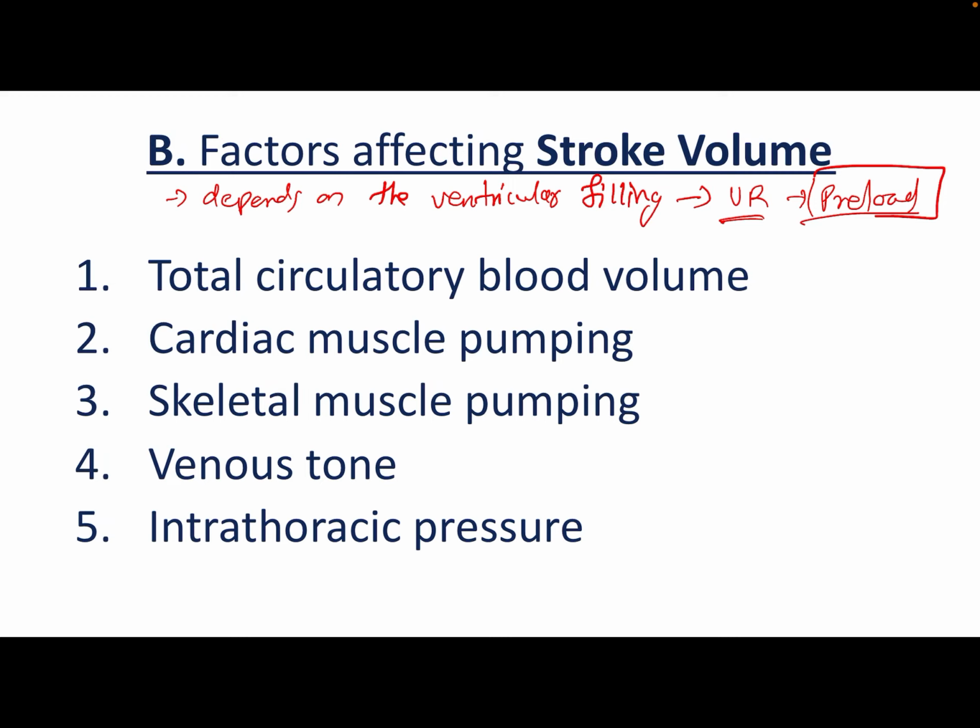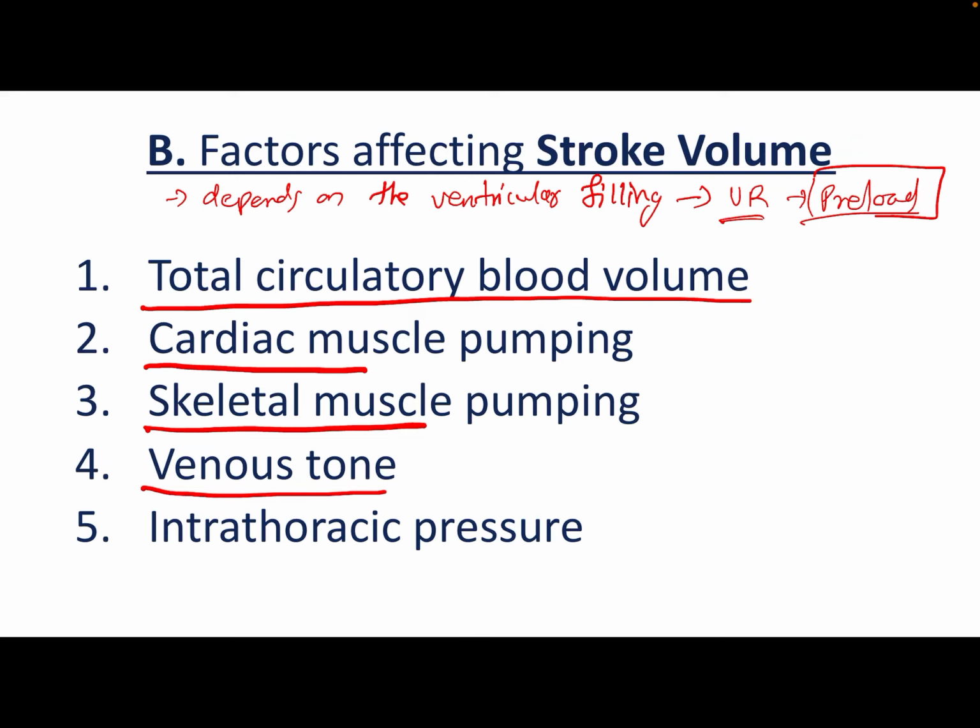Which are the factors increasing ventricular filling? They are total circulatory blood volume, then efficiency of cardiac muscle and skeletal muscle pumping. If they are more efficient, there will be more stroke volume and the cardiac output will be more. Venous tone: the more the venous tone, the more the preload, the more the stroke volume, and the more the cardiac output.